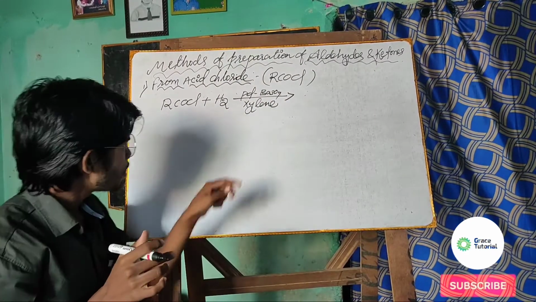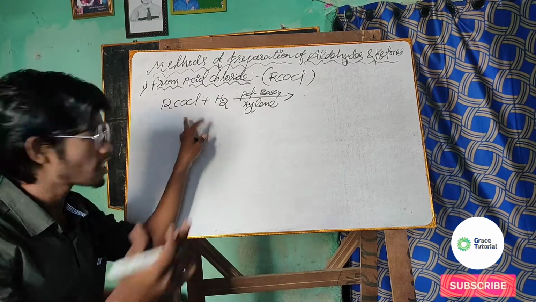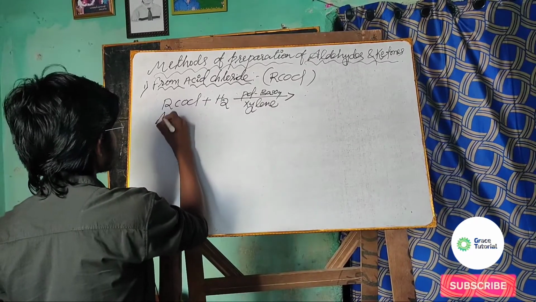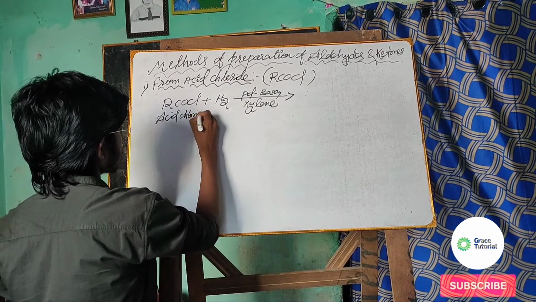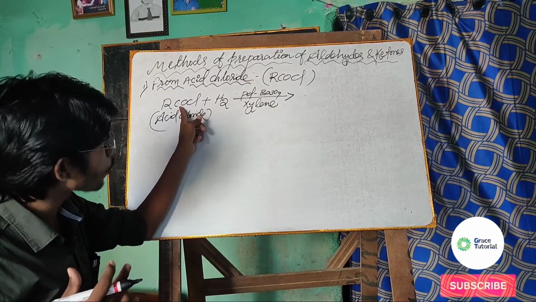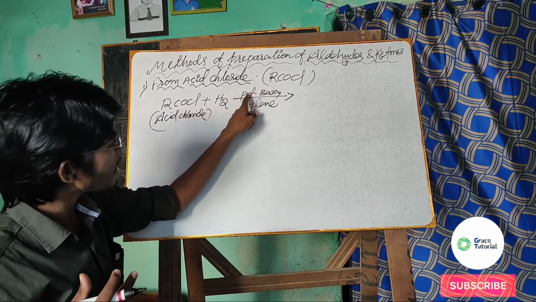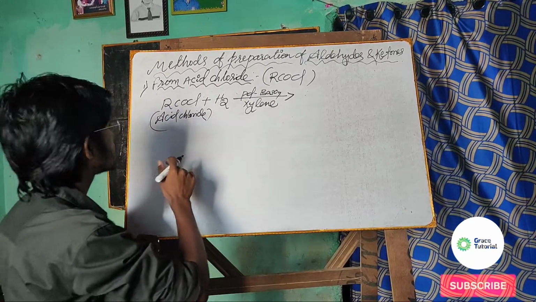look here once again: when hydrogen gas is passed through acid chloride, RCOCl is the acid chloride, right? Let me write here, acid chloride. So when hydrogen gas is passed through acid chloride in the presence of palladium or barium sulfate in boiling xylene, what generally happens?